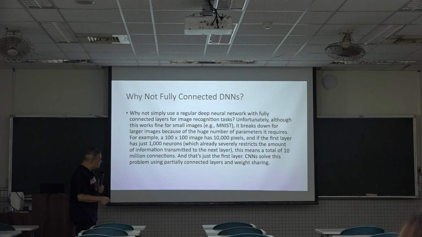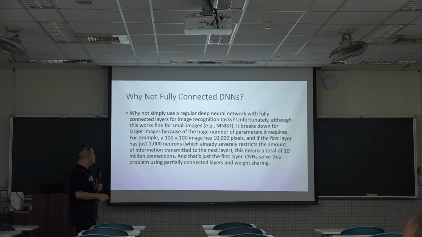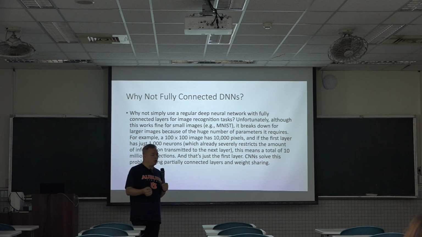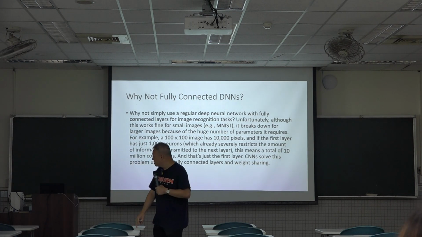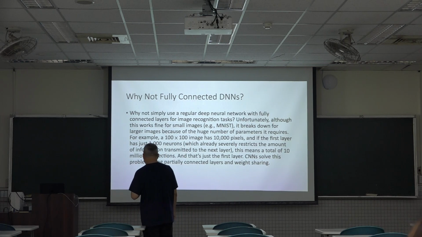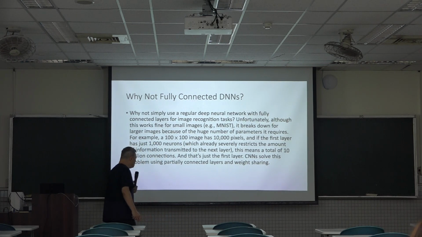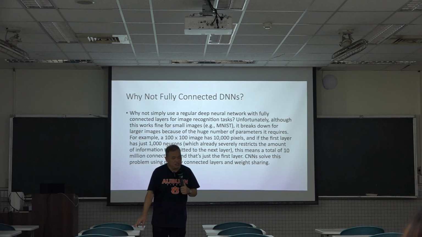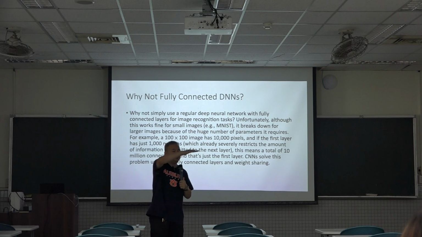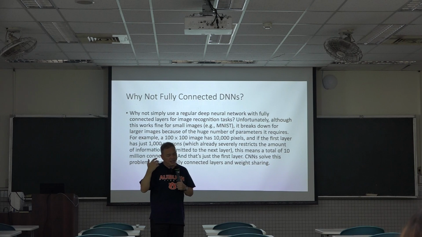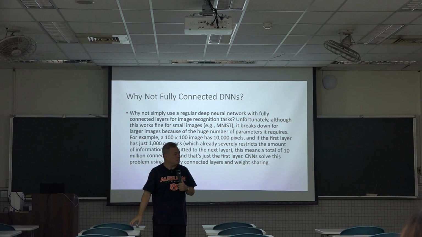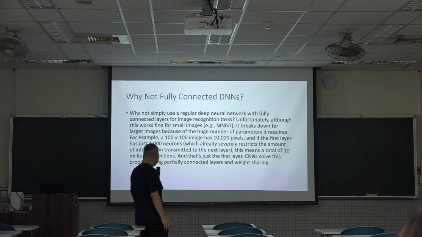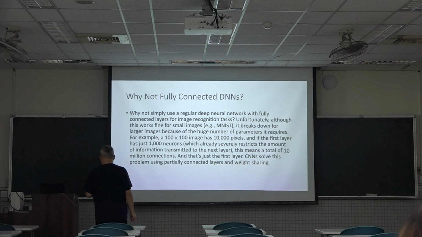If you have another few layers, it's going to be too much to store in memory. CNN solves this problem using partially connected layers and weight sharing. We are going to get to this later. In CNN the layers are not fully connected, so you don't have this many weights to deal with.